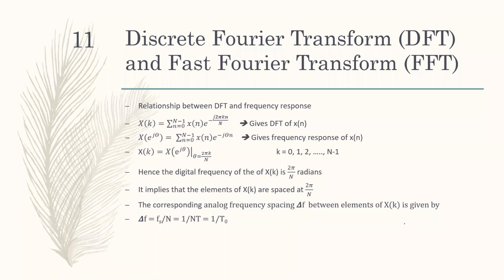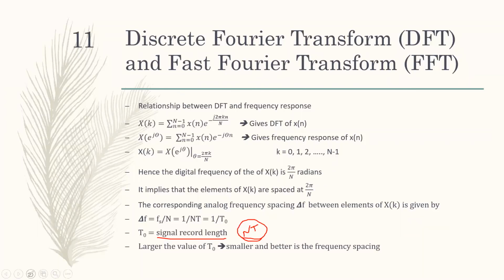So this is the analog frequency spacing delta f for the elements present in X of k, which is the DFT of the sequence x of n. Here T naught is the signal record length, since T naught is equal to NT. So this is the overall length of that sequence.